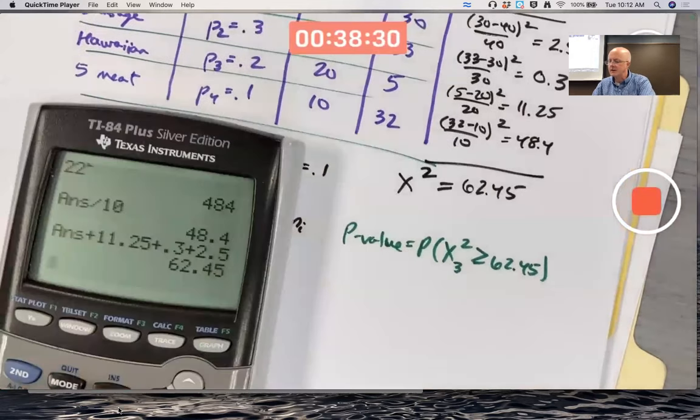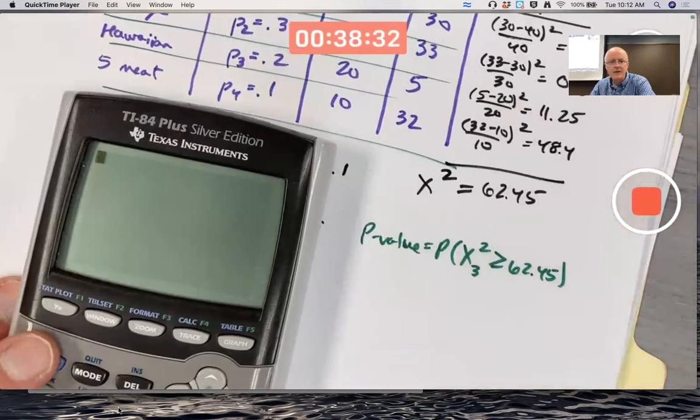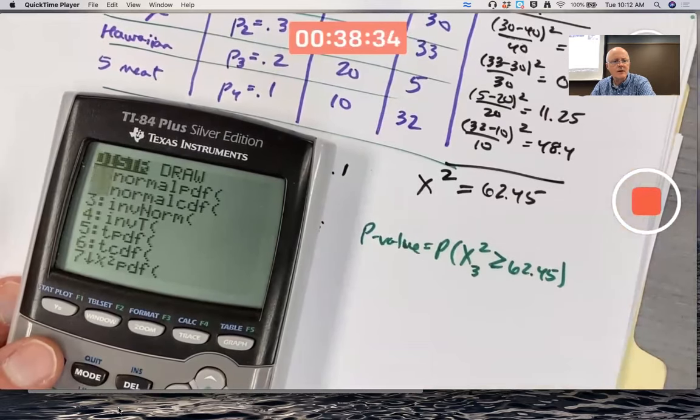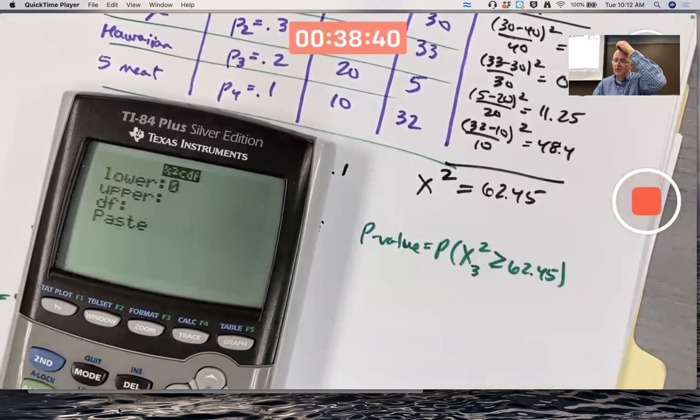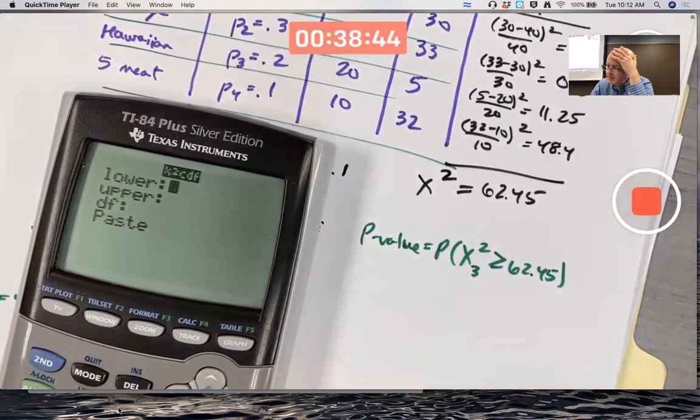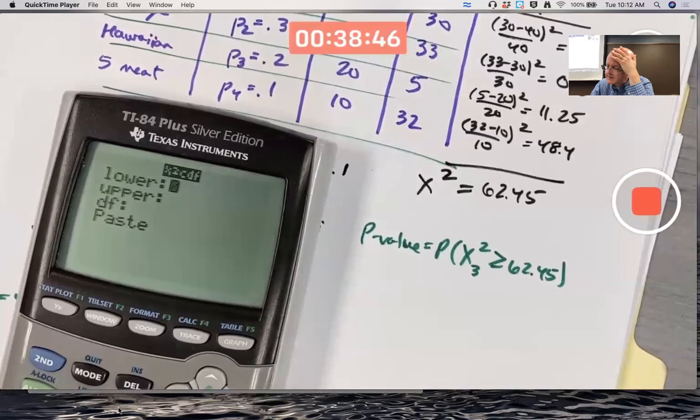Could use the table. We can also use the calculator here. It's a chi-squared CDF. So whatever I get, I have to do 1 minus it. Or I guess I could do a different lower and upper. I could do a lower of 62.45 and an upper of essentially infinity. Let's do it this way.